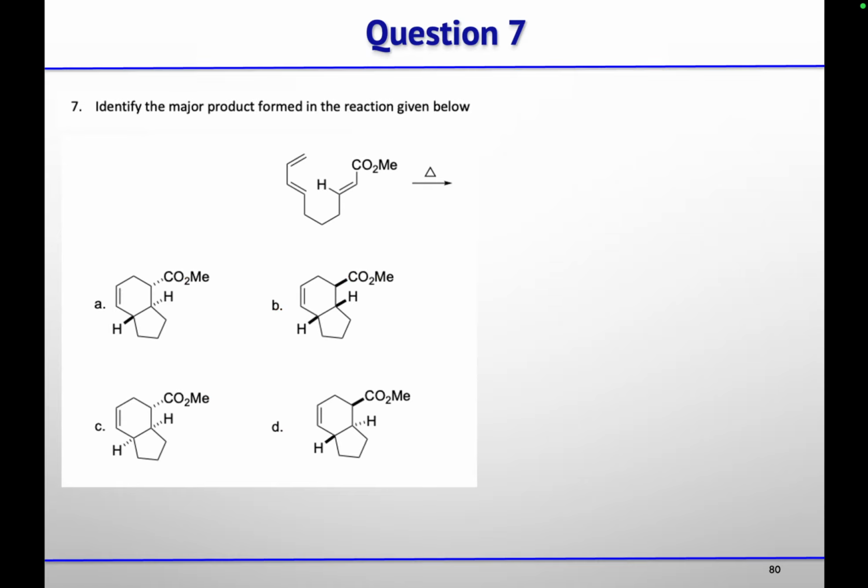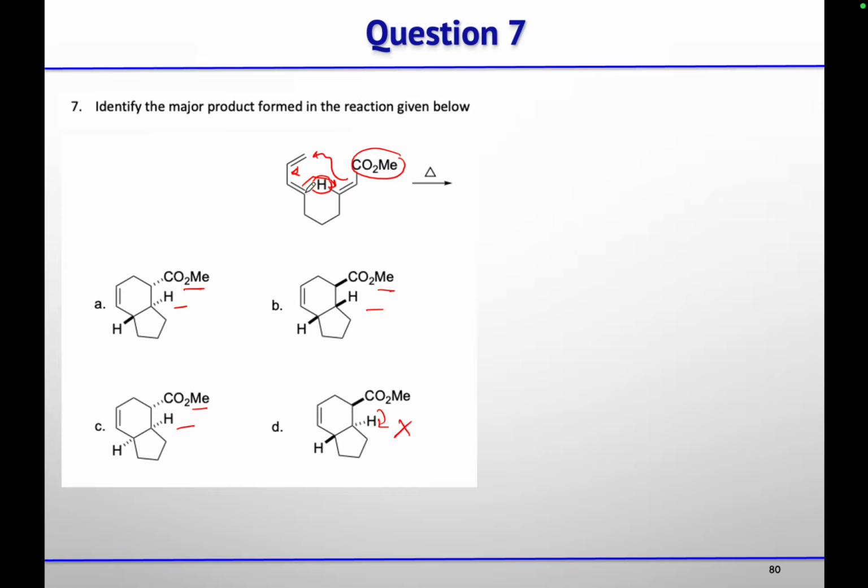Then identify the major product formed in the following reaction. So this is the example of an intramolecular Diels-Alder reaction. If you will see, this methyl and this ester will be cis in the product also. So here they are cis, here they are cis, here they are cis, and here they are trans. So this can't be the product.